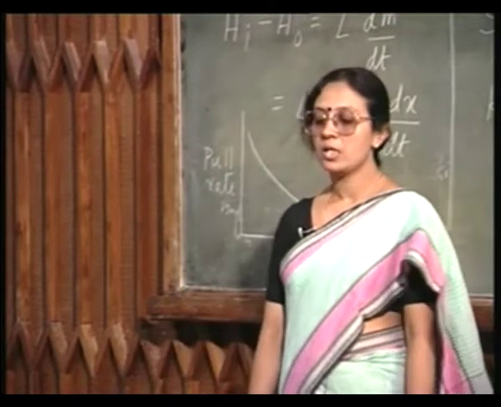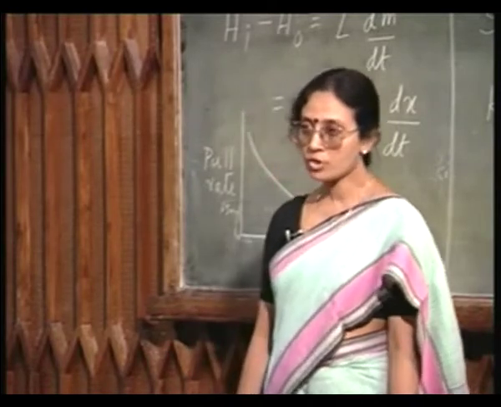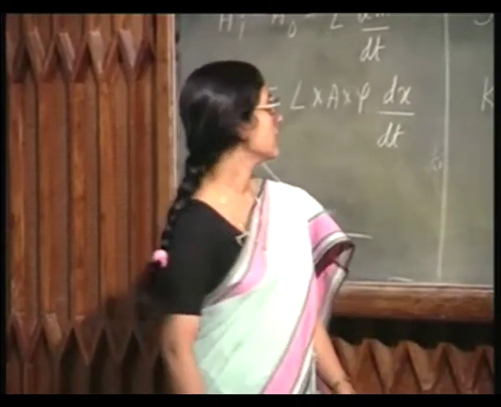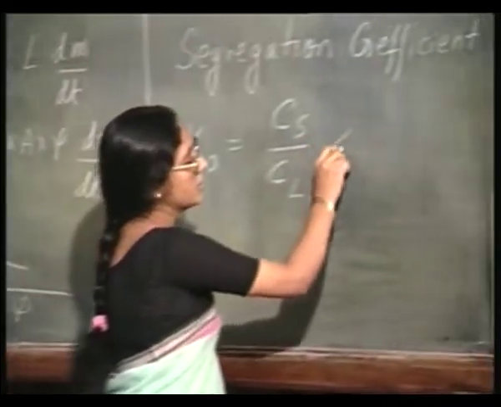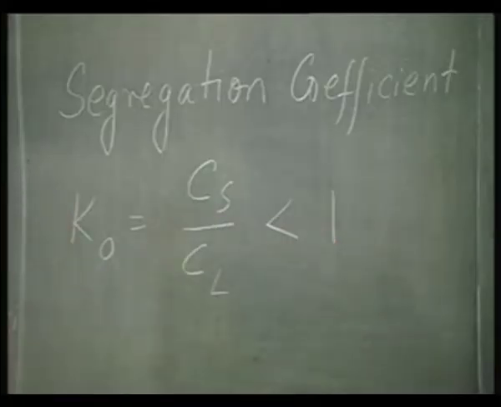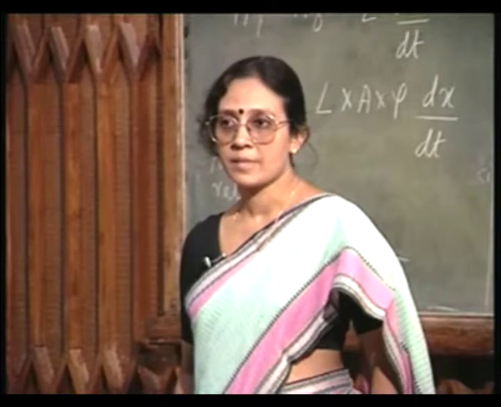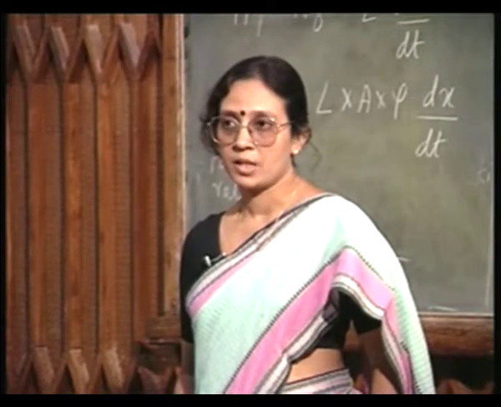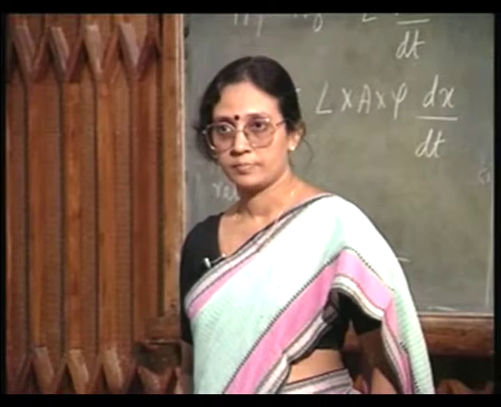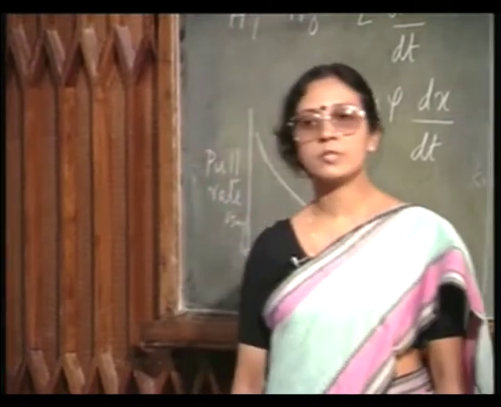Now, usually for most common impurities, this K0 is less than 1. What is the implication? The implication is that the solid solubility is less than the equilibrium solubility in the melt.